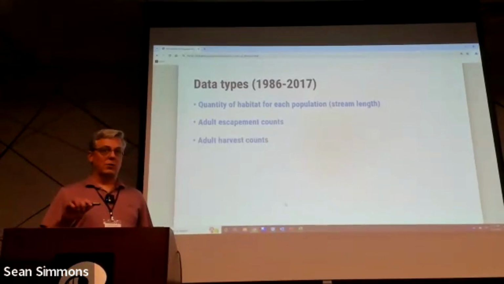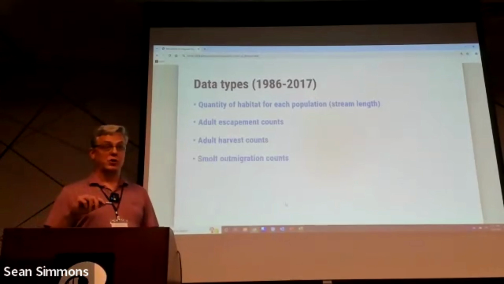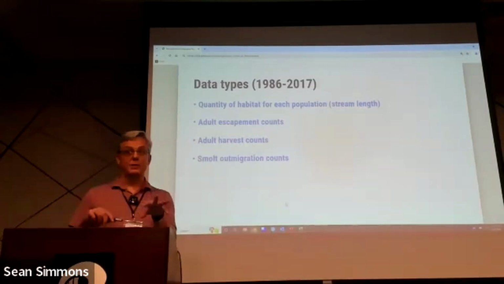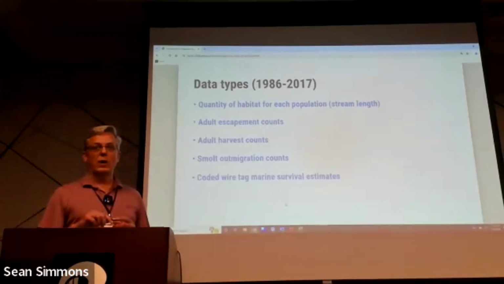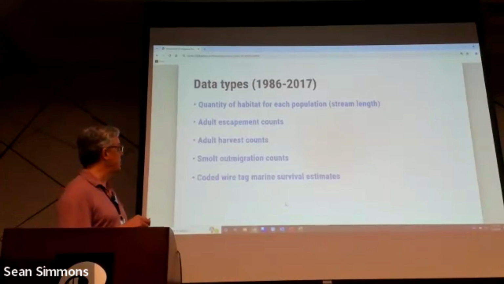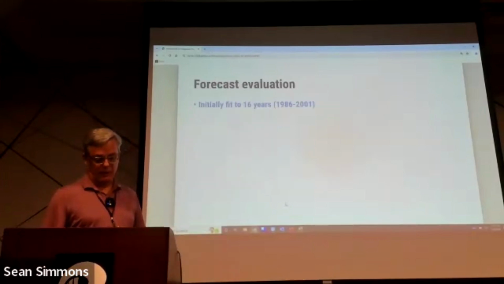We have counts of adult harvest. We know something about smolt outmigration for some of these areas, not for every single one. And we had coded wire tag estimates for marine survival. Okay, so here's a bunch of independent variables. This one is fixed over time. These are all time varying and space varying for that matter.